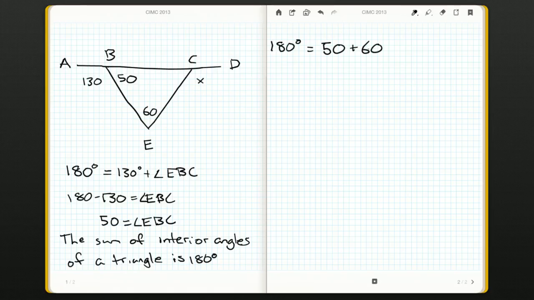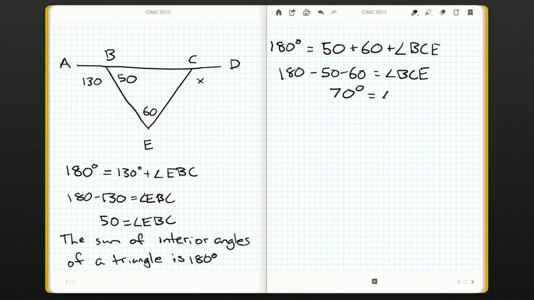We were given the angle of 60 at BEC, and plus this angle, BCE. Rearranging, we can get 180 minus 50 minus 60. So that's really just 180 minus 110. So 70 degrees is the angle BCE.